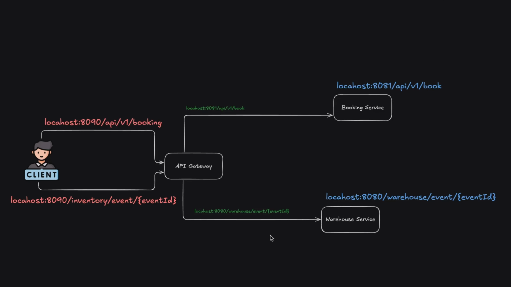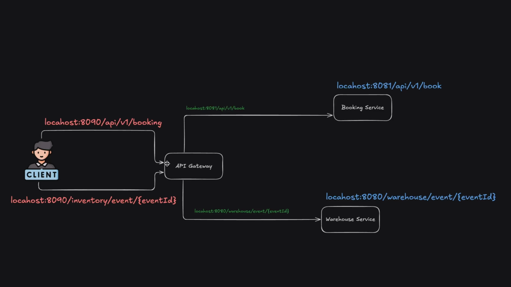If we were to introduce an API gateway, this is how the request forwarding would look. So API gateway would have its own mappings of the backend services. The client will still be calling the inventory endpoint, but just notice we will be calling port 8090 in this example, which is the port of our API gateway.